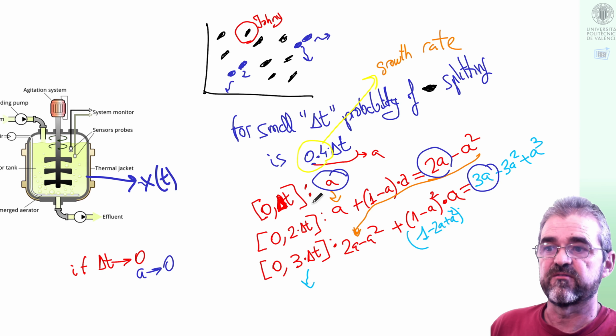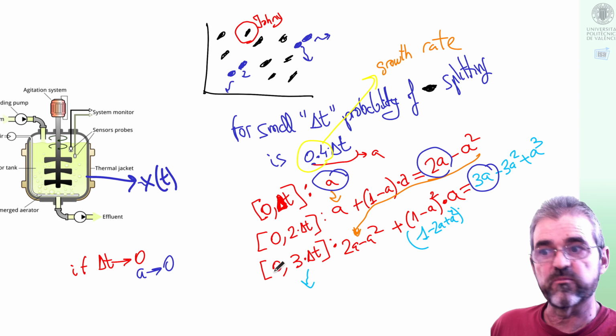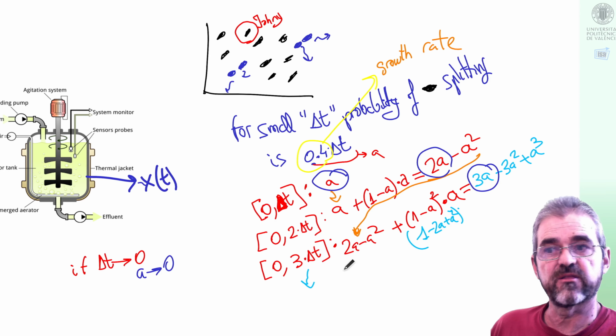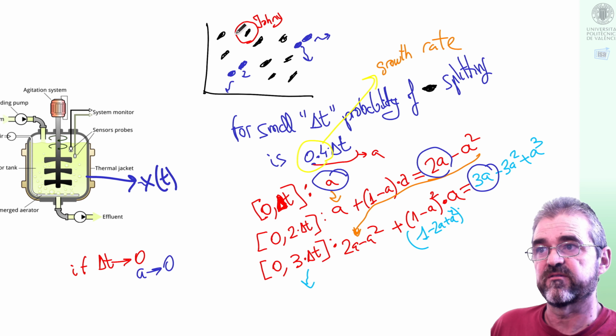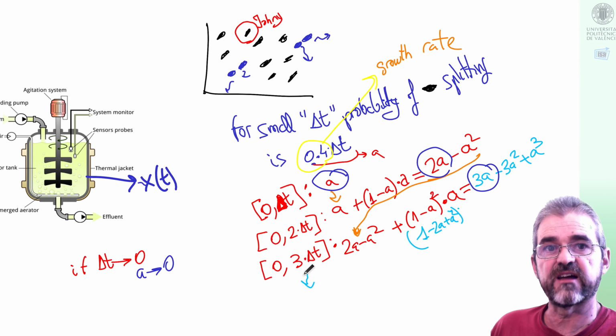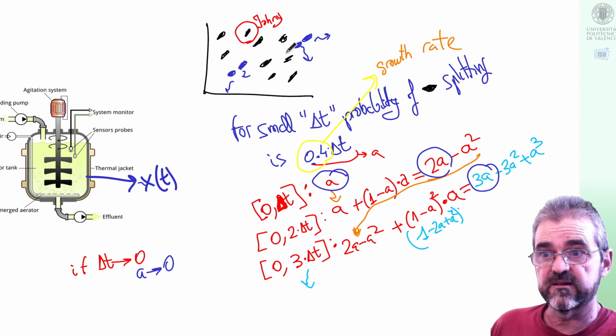Of course, if we keep increasing the width of this interval, then the probability of a cell splitting in a very large interval, when we put a lot, 3, 4, 5, 10 million delta t's, then the probability of the cell splitting will tend to 1.